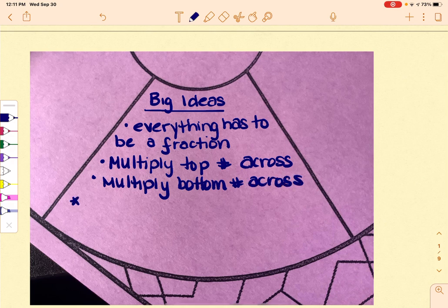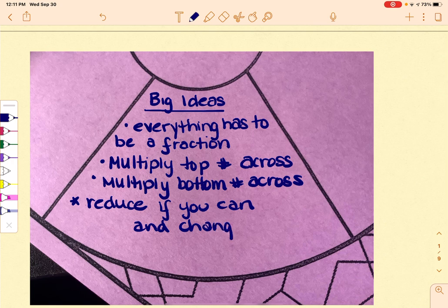Now, the last step is the last step no matter what operation we're looking at. You're always going to reduce, if you can, and you're always going to change to a mixed number if you can.